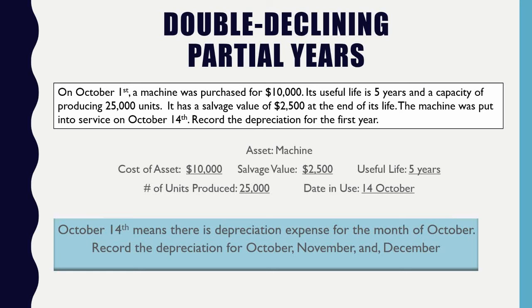That you need to depreciate for the month of October. Correct. Now, assuming that the depreciation happens at the end of the year, how many months can I depreciate this asset for? 3 months, October, November, and December.